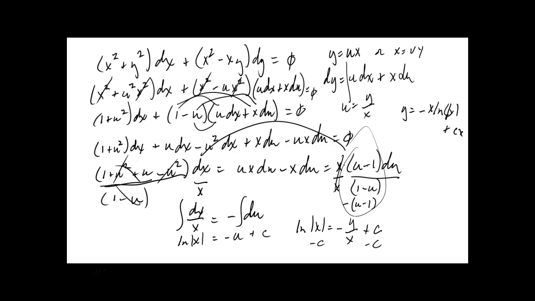Let me find what I did. How could I? It seemed like a pretty simple, straightforward thing. Okay, my second line up here is just what the book has. X squared plus u squared x squared dx plus x squared minus u x squared times that thing, exactly like I've got there, is equal to 0.